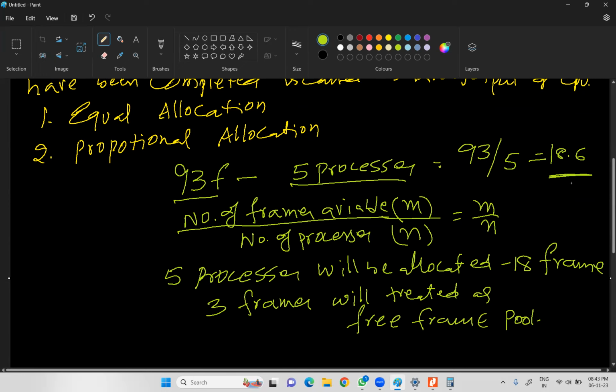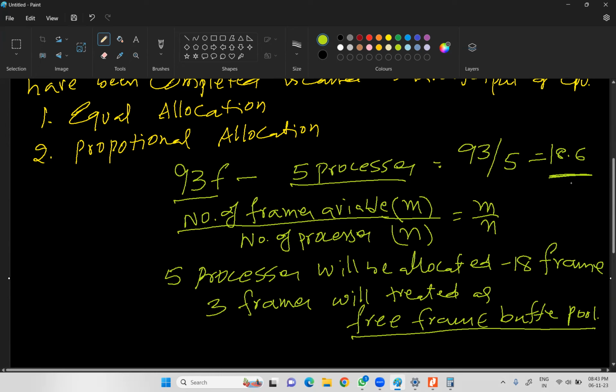Let me consider, not free frame pool, the free frame buffer pool. If any new process comes, then the free frame buffer pool will be given to that particular process. Something like this is going to happen.